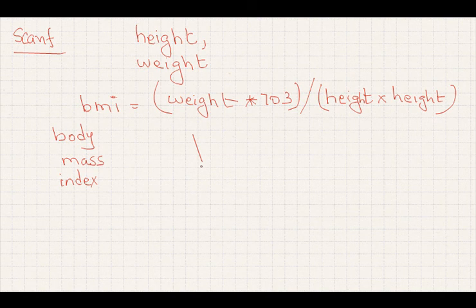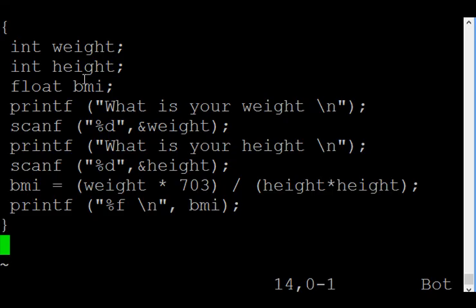So how do we convert this into a C program? So that's what we did here. We go back here. I have declared a variable called BMI, which is a float type, because anytime you divide, you're better off using a float.